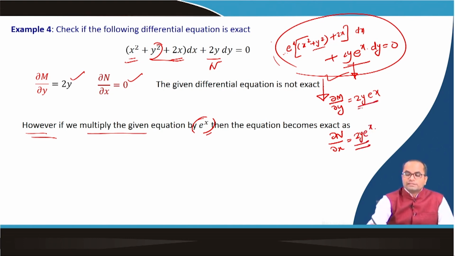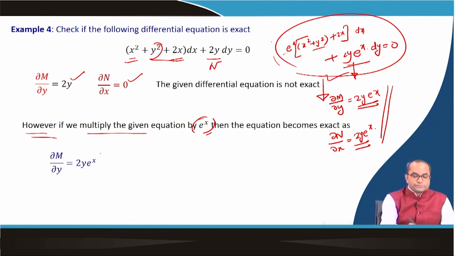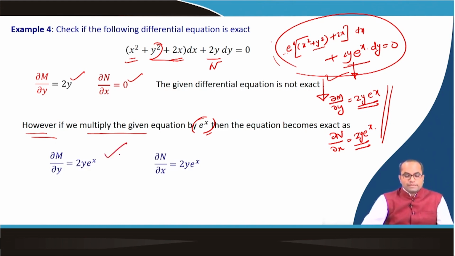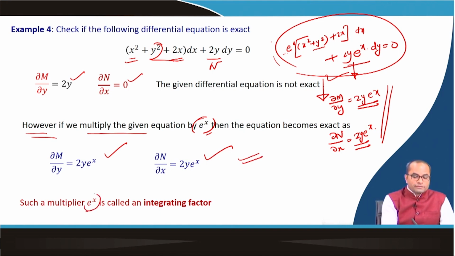And now what we see is that after multiplying the whole equation by e^x, the equation becomes exact, and so ∂M/∂y is 2y e^x, and ∂N/∂x is 2y e^x, and therefore, the equation becomes exact now.